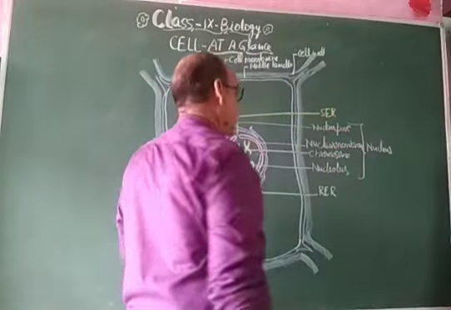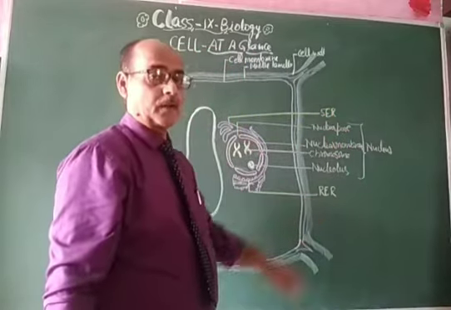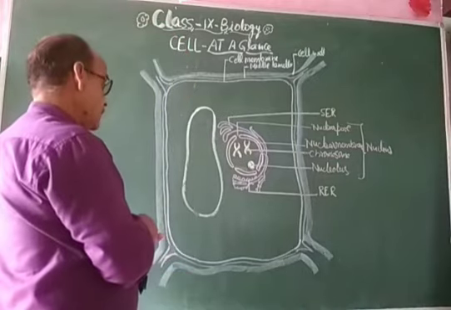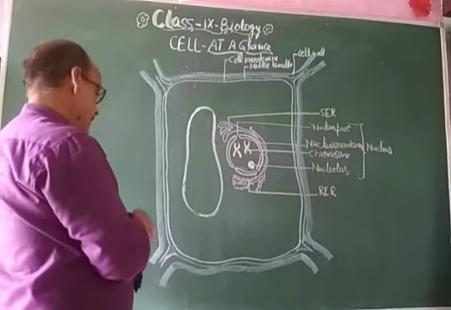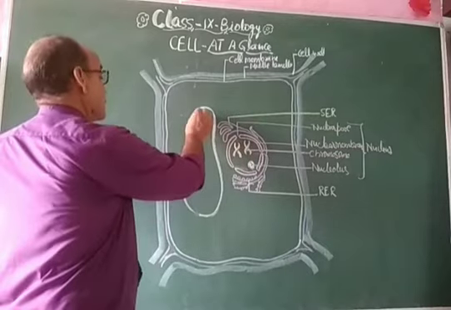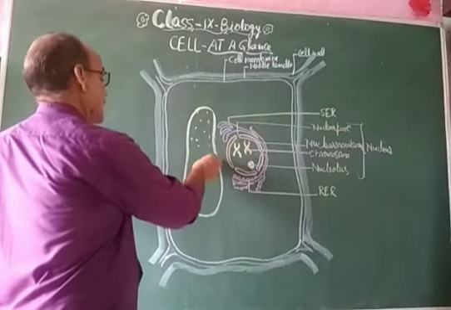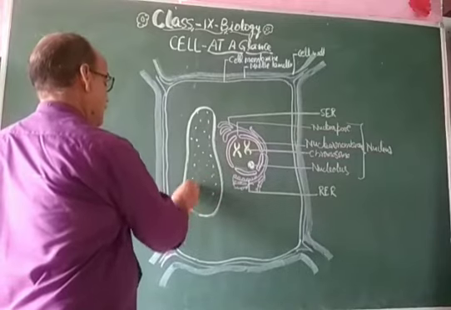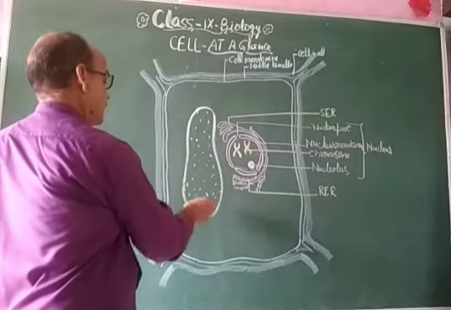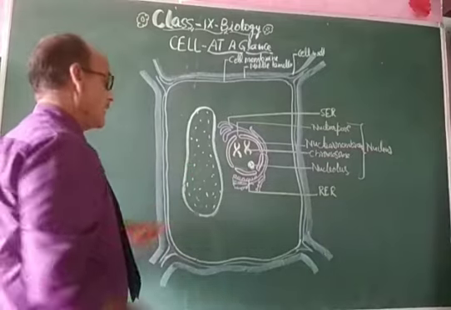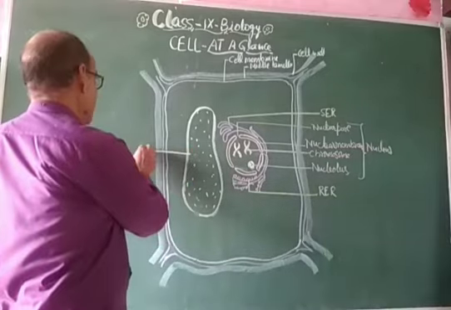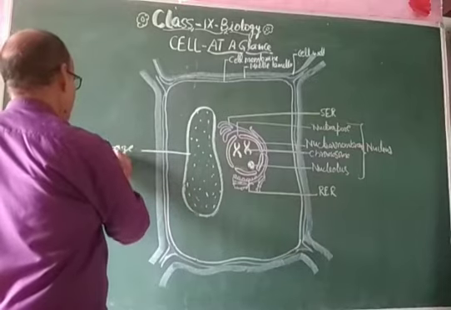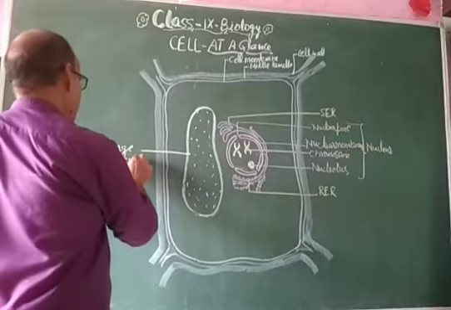Smooth endoplasmic reticulum and rough endoplasmic reticulum are there. Now the other cell organelles. In this large vacuole, certain enzymes and water get collected, so excess water of the cell and enzymes are stored inside the large vacuole. This is the large vacuole.